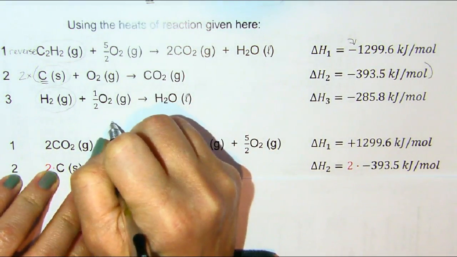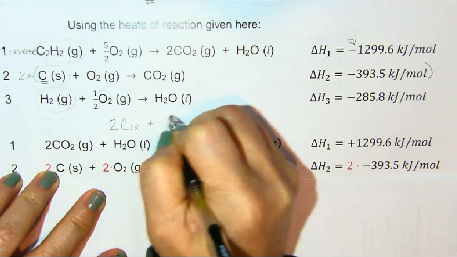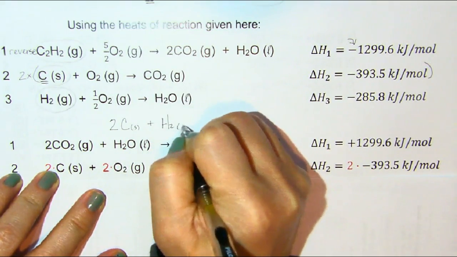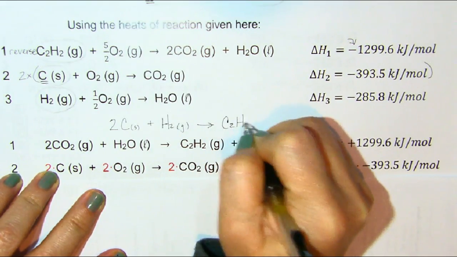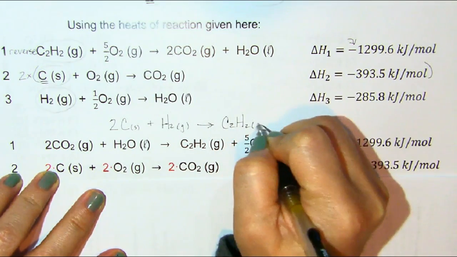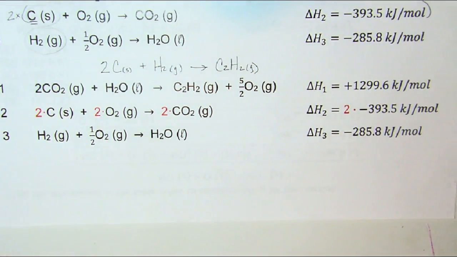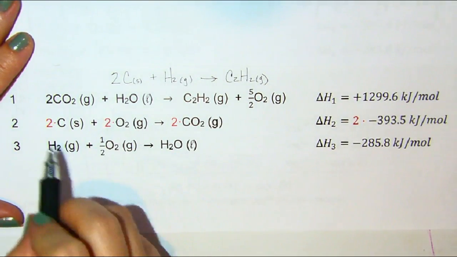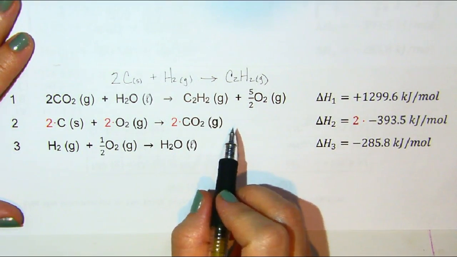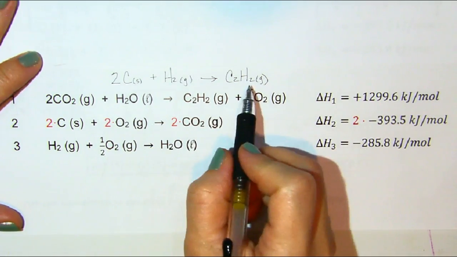Remember, our final equation is supposed to be 2 carbons plus hydrogen yields C2H2 gas. So now let's look at these. These are our equations that we reversed as well as multiplied by 2. And now let's make sure everything cancels, yielding us just this.